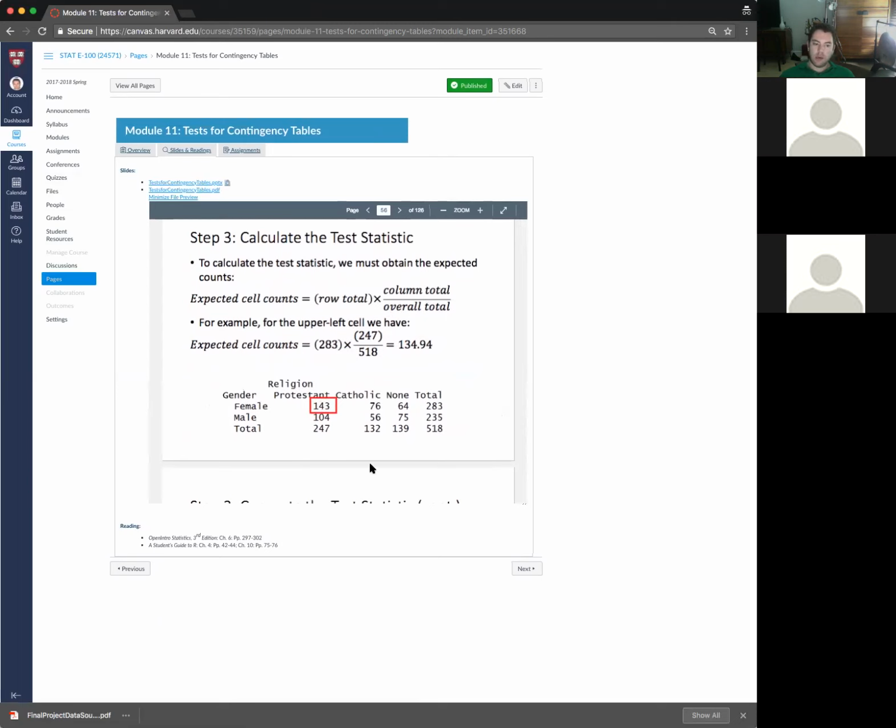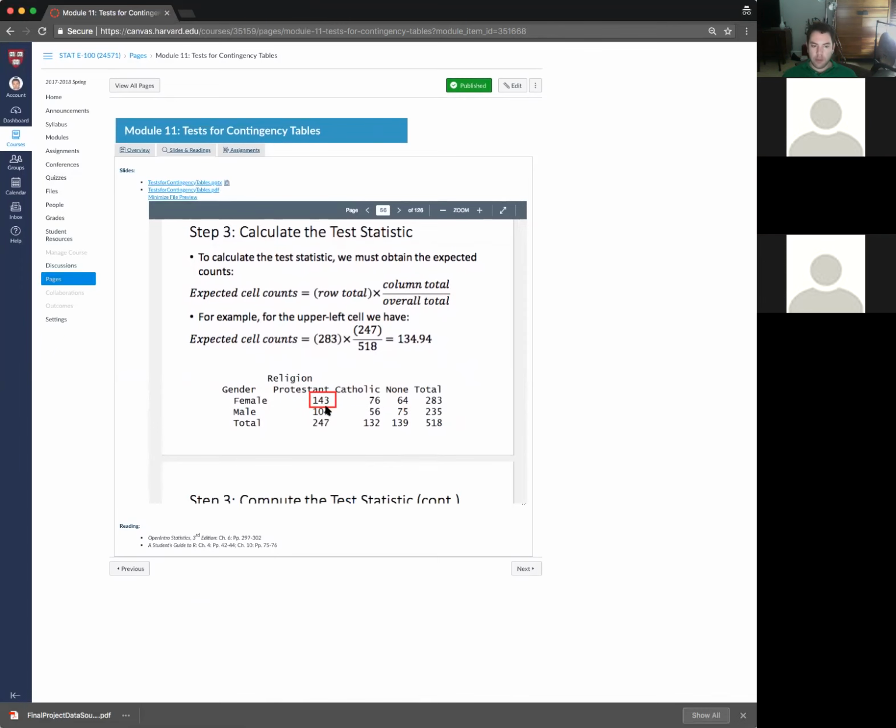In order to do that, we're going to take the number of females, 283, multiply it by the number of Protestants, 247, divided by 518. Okay, and we get 135. So that's what we expect there to be. We expect there to be 135 female Protestants, and we actually observe 143 here.